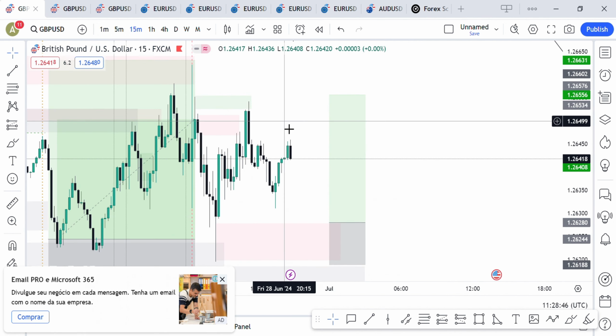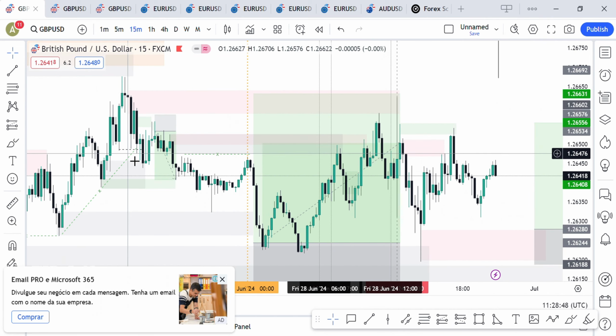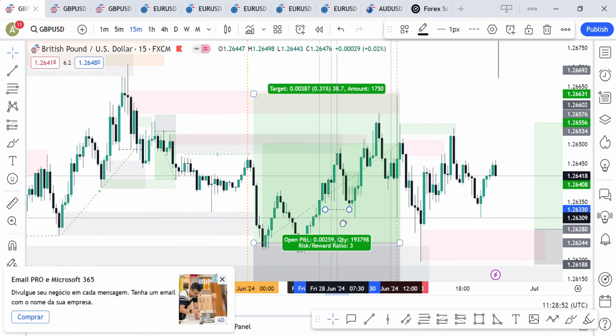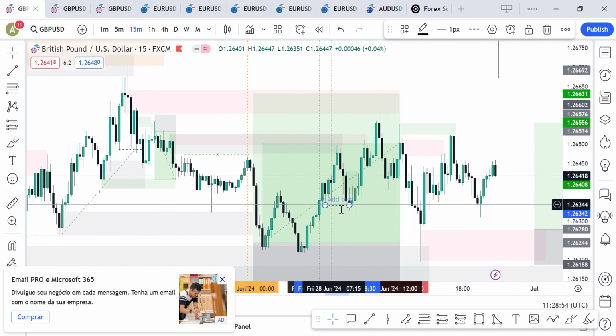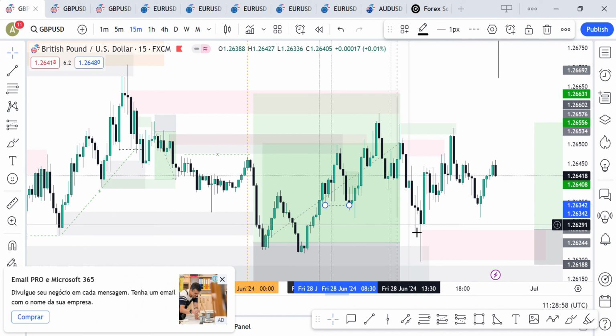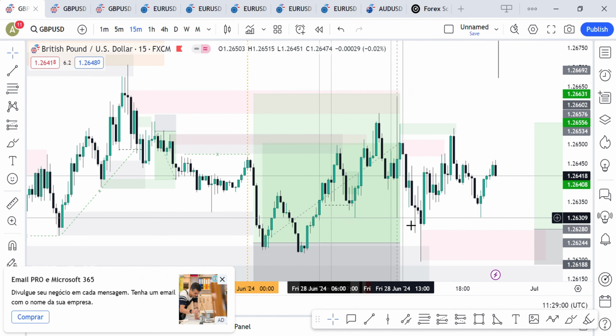Now the problem is, when I was in this trade, I was still very positive that we were going to go up, but I had my trailing stop loss right over there, which, as you can see, the price came and touched, and took me out really early.